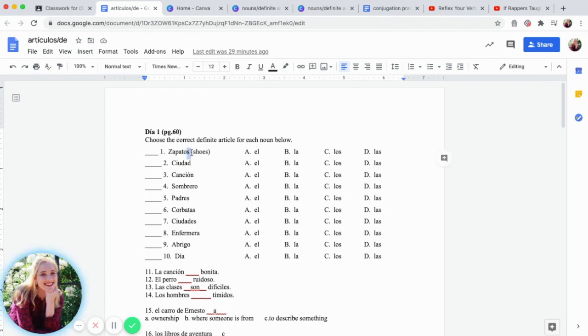Just like in English, this is one way that Spanish and English are very similar. In English, we add an S to make something plural, so that we're talking about more than one thing. It's pretty much the same in Spanish. We're either adding S or we're adding ES. Okay? So it can't be el because that's singular. So it has to be los. So to say the shoes, we would say los zapatos.